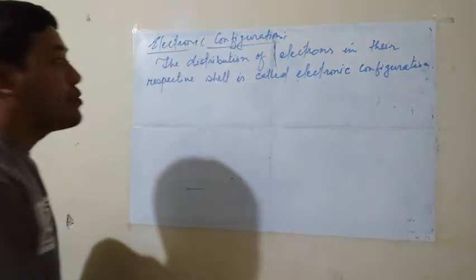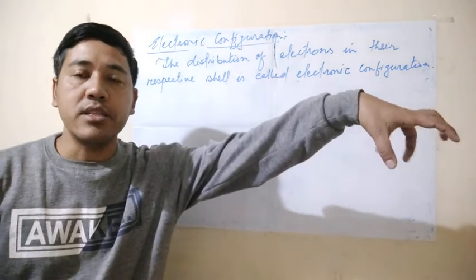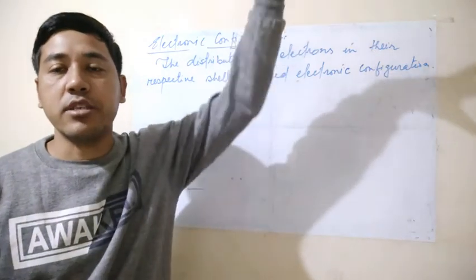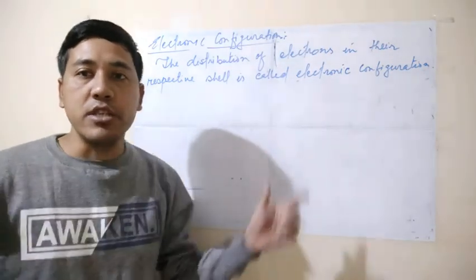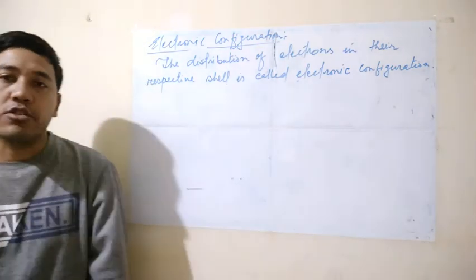That is the distribution. How many electrons will be present in this first cell, second cell, third cell, fourth cell. This type of distribution of the electrons in their respective cells is known as the electronic configuration.